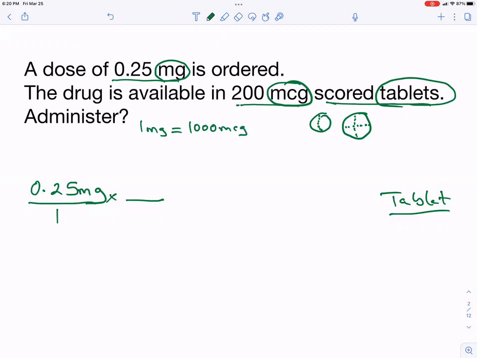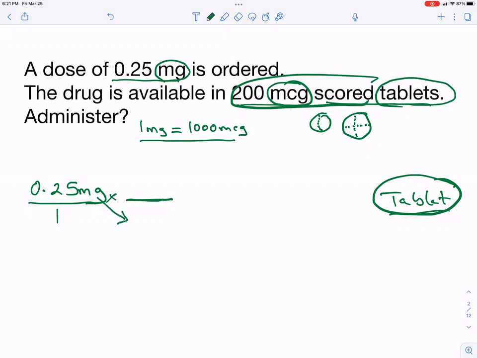This is part of my unit path. I need to convert something, but I need to get to my wanted, which is tablets. So how do I get rid of milligrams? I can't use micrograms. So I have to use my conversion. So we always set it up so I can cancel out diagonally. So 1 milligram is equal to 1,000 micrograms.